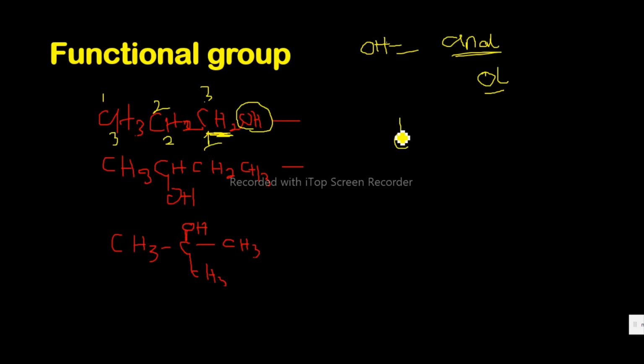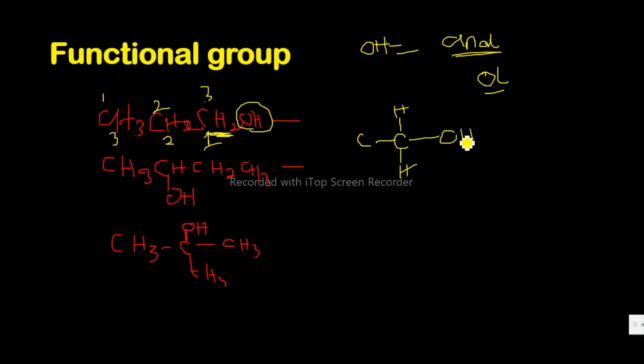This carbon atom is bonded with this, so this is the bond, and then it has two hydrogens, one is here and another one is here, and then it has the OH.